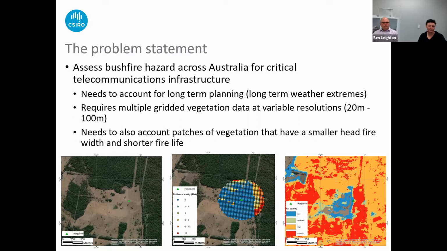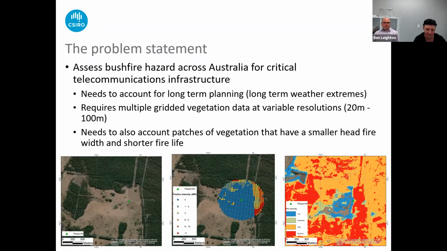One thing we also need to consider, and this is probably the crux of it, is that bushfire behaviour models give us a potential fire line intensity. So when we're modelling that for smaller patches and corridors of vegetation, it's very important to reduce that intensity.